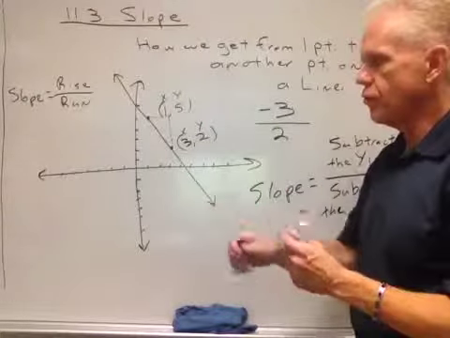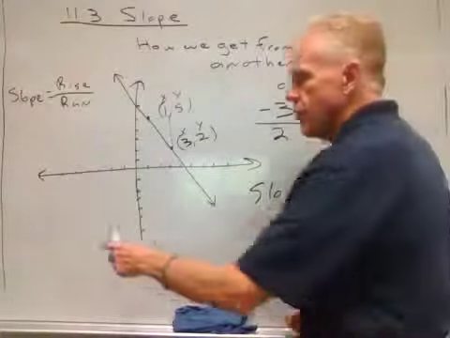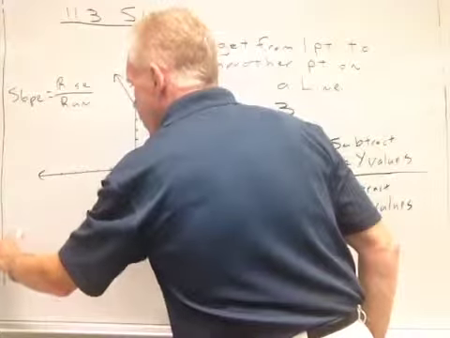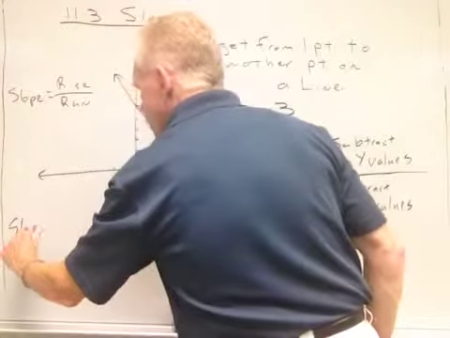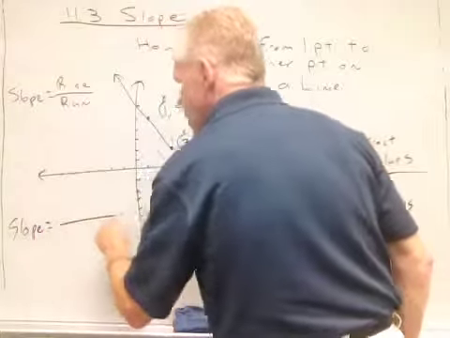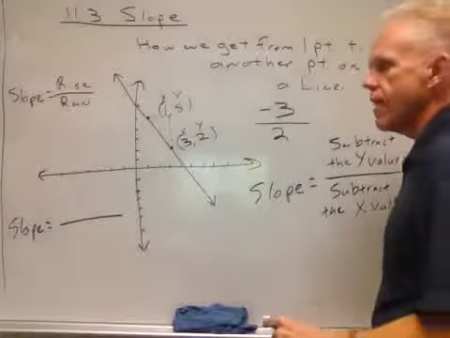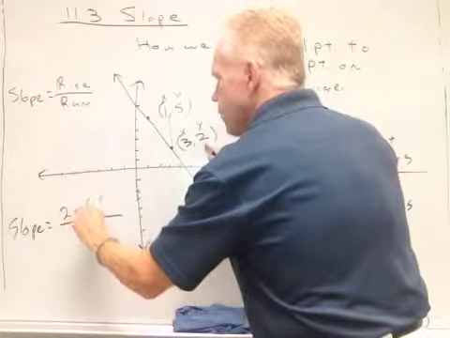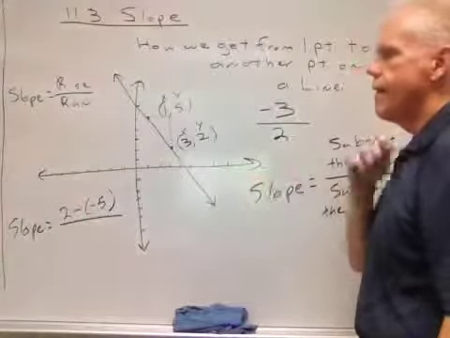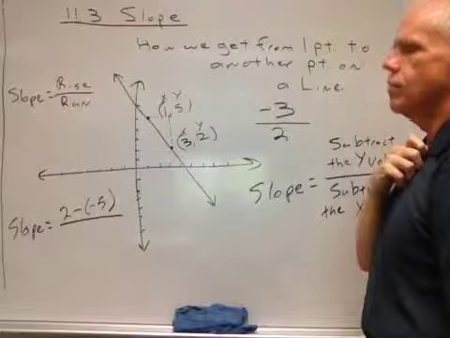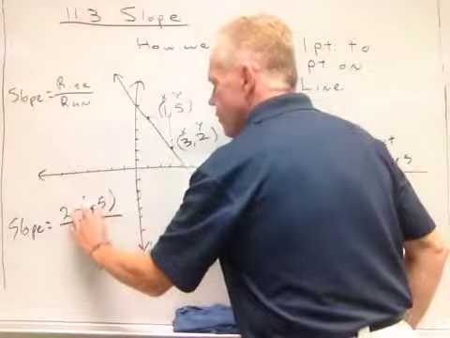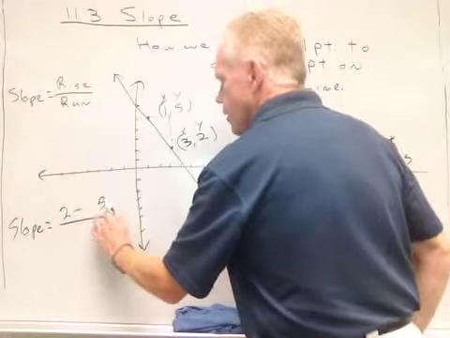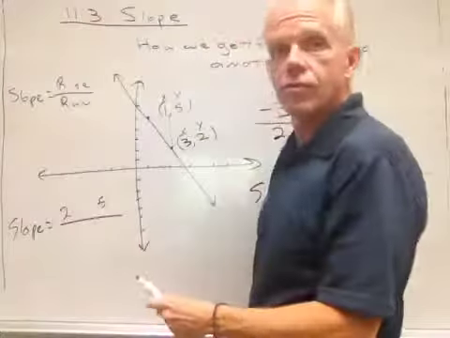All right, let's see how that plays out with these 2 points. I'm just all over the place with space here, but bear with me. It's going to be okay. Remember, our slope equals, we're going to subtract our y values, 2 minus 5. Sorry, I know I probably confused you on that one.